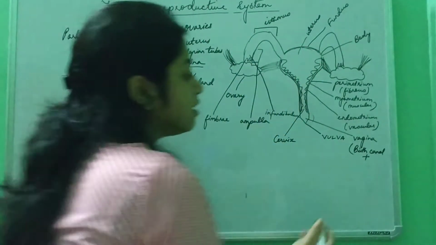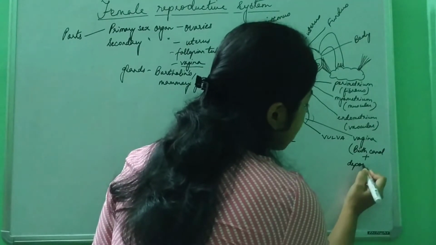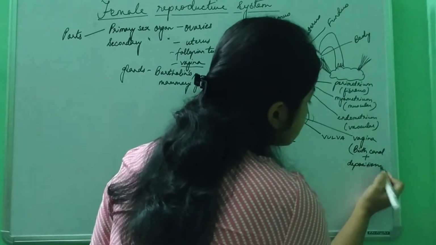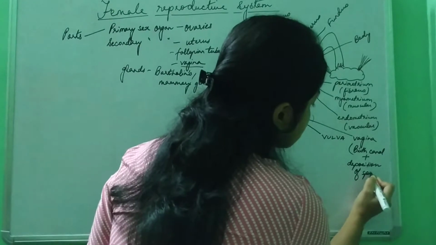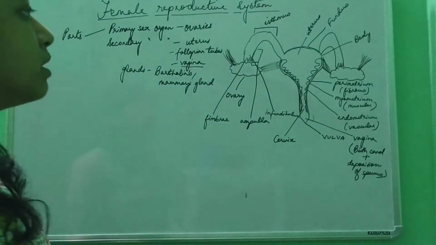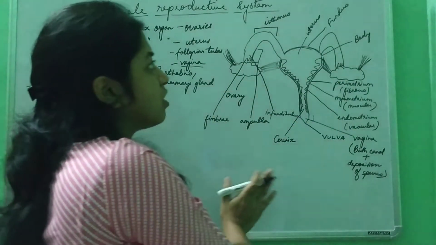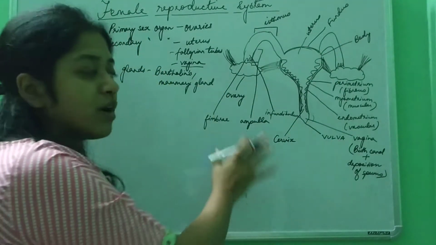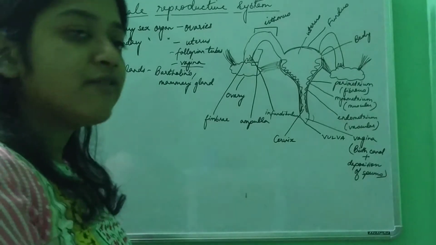Along with the birth canal, it will act as an organ where sperms will be deposited. Deposition of sperms. So this is a representation of the female reproductive system. You have to know about these parts and their functions.